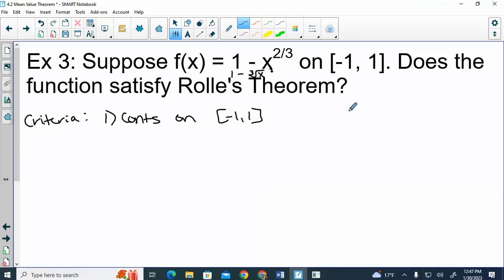Let's see if it's differentiable. So if I do my derivative, what do we get? So that's the same thing as saying -2 over 3 times the cube root of x.